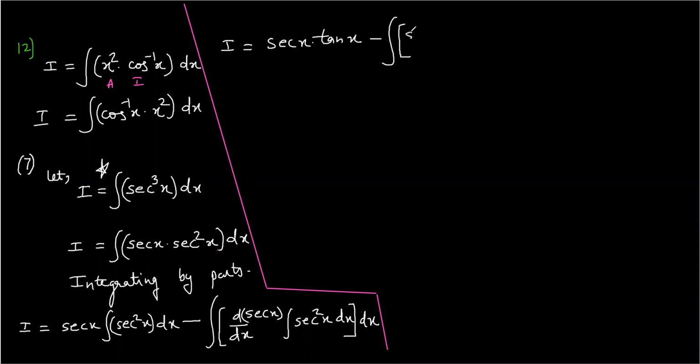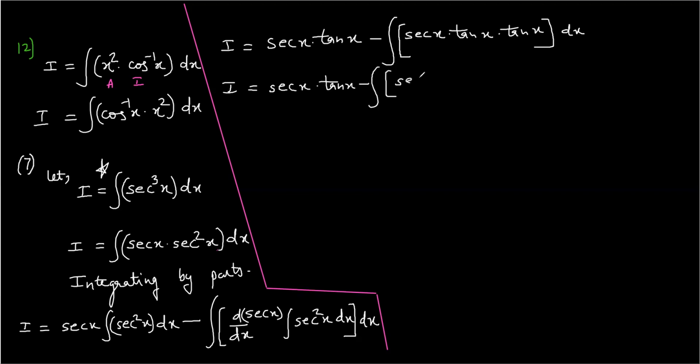D by dx of sec x is sec x tan x, into integral sec square x dx, which is tan x, dx. So the next step I get is sec x into tan x minus big integral, and here I have sec x into tan square x dx.